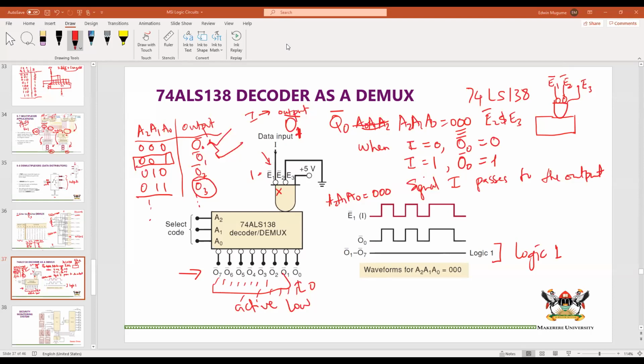Before we move on, we can clearly see that we can use a 74LS138 decoder as a demultiplexer, because we can have our input and pass it through to any of those outputs depending on our select inputs.